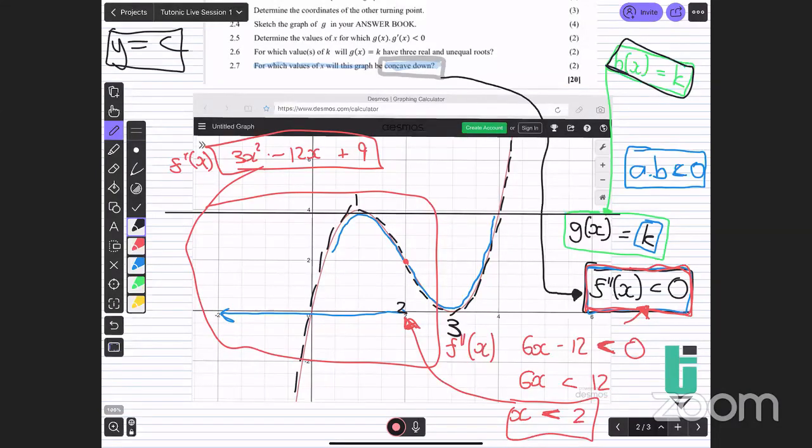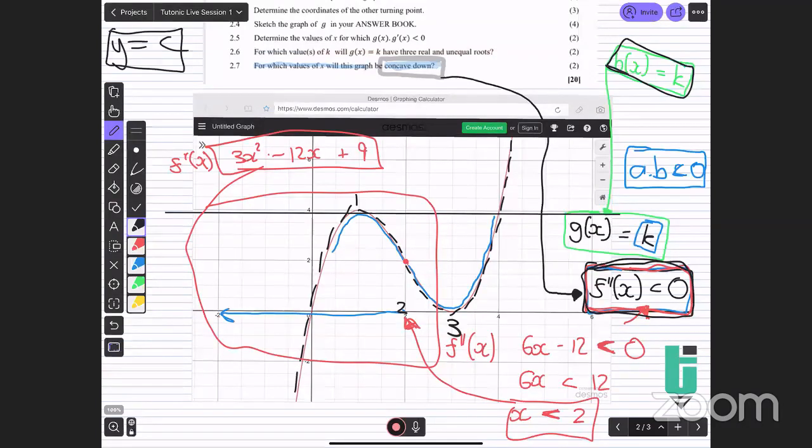So there are different ways of finding the same answer in maths. And if you can master the different ways, then it doesn't really matter which question they give you because you have different tools. But if you only knew the second derivative is smaller than 0 and you never knew the graph, then if they only gave you the graph, you couldn't solve the question.